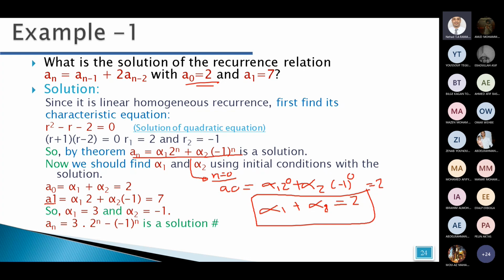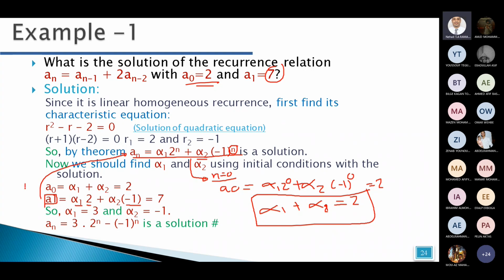From A1, apply A1 here. So A1 is equal to alpha 1 times 2 power 1, so multiply by 2, plus alpha 2 times minus 1 power 1, so it's minus 1. All this equals 7 because A1 equals 7.